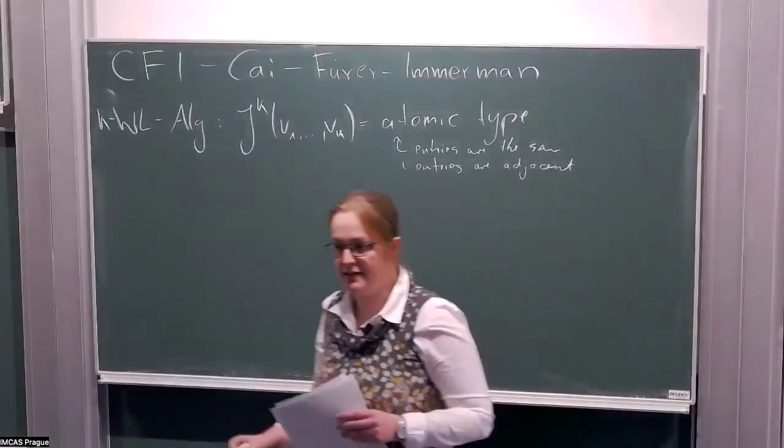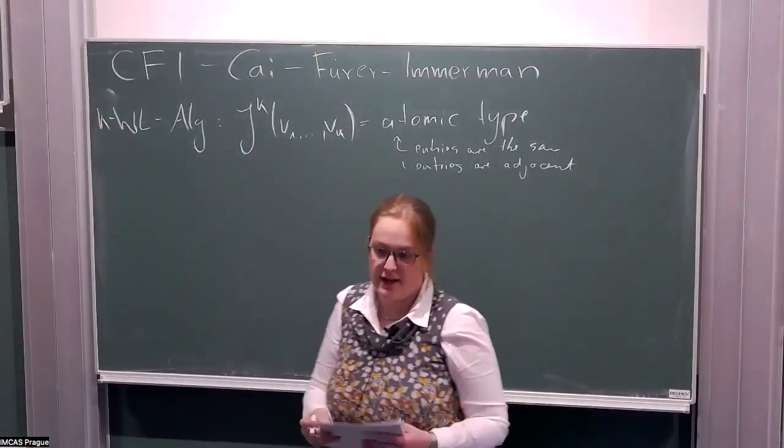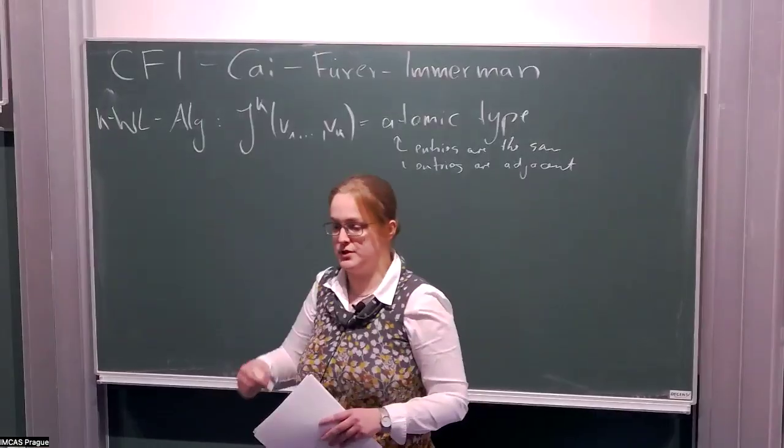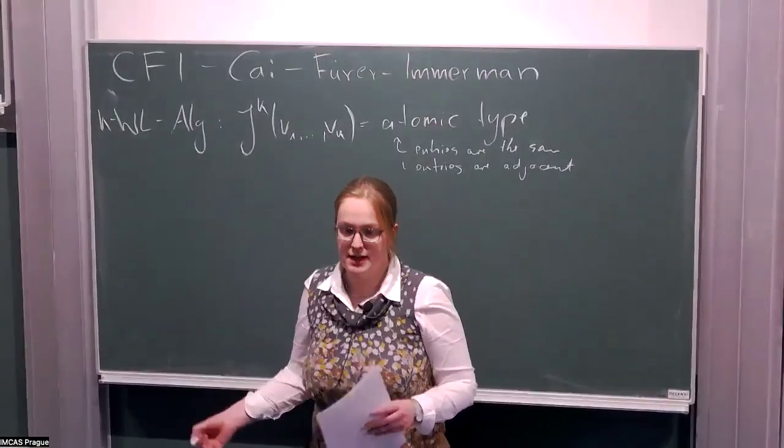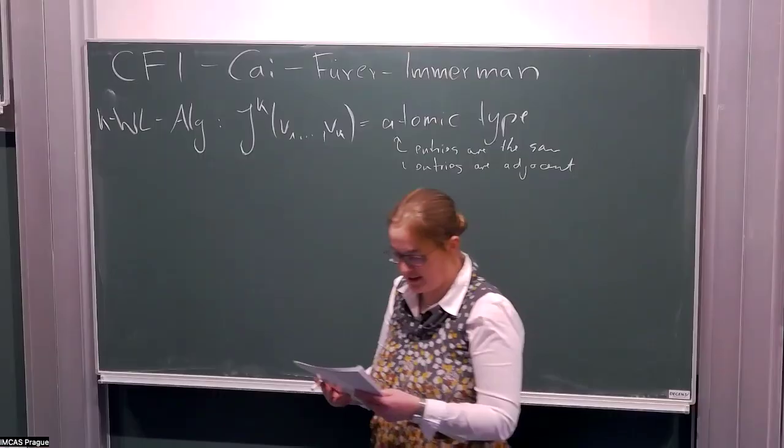So this is the initial coloring of the algorithm, and then this is a refinement algorithm, so it runs over multiple rounds until it realizes that it doesn't change anything anymore.